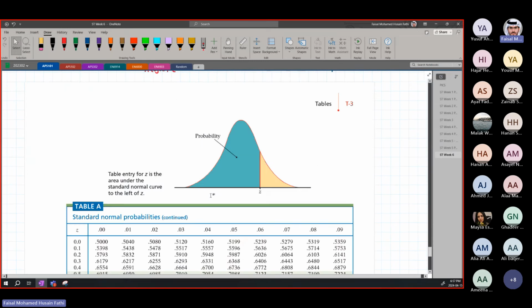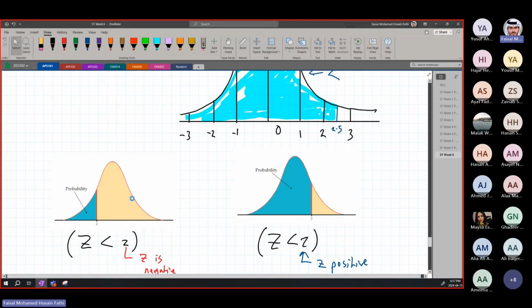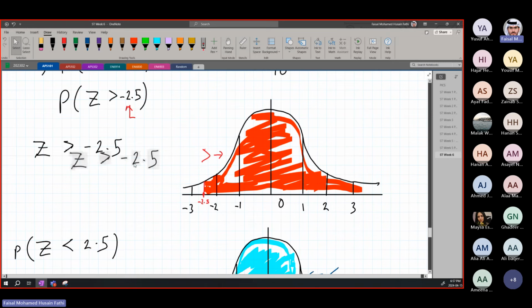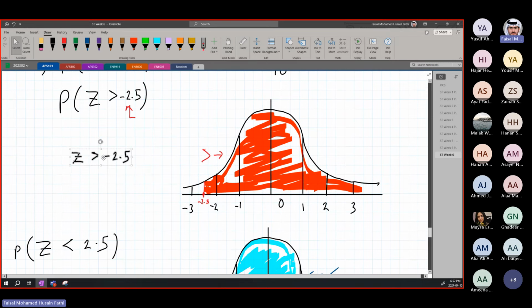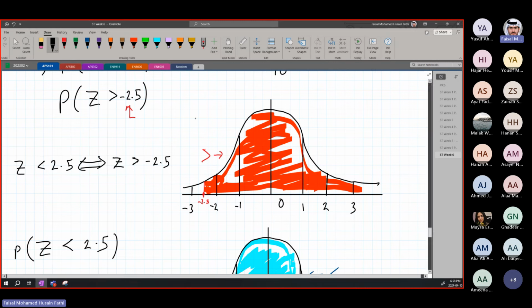Now, what was our probability? This is the probability we are trying to find. Remember that this probability is equal to the probability above. All right, these are the same probabilities. I mean the equation z is greater than or equal to minus 2.5, this is equivalent of saying z is less than 2.5. These are equal things.